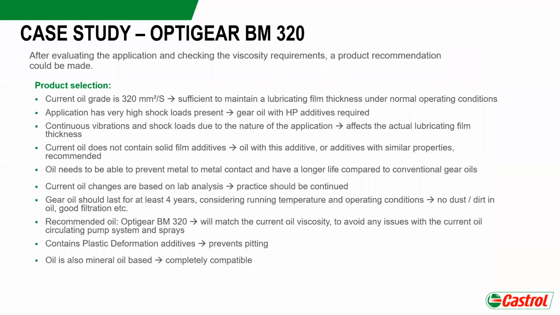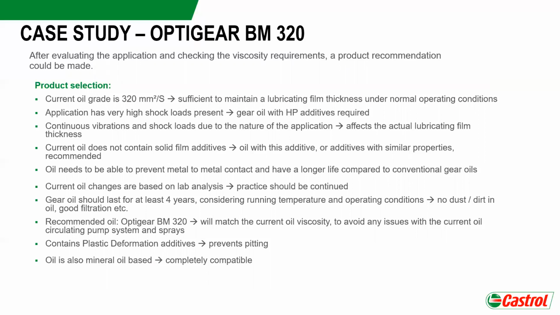So looking at that application, which was a simple bevel one-stage gearbox with support shaft bearings for each gear shaft, with quite a large motor mounted directly to the gearbox, which in turn was mounted on the output shaft directly to the cutting wheel. The current oil grade was given, which was 320 millimeters squared per second, or 320 centistokes.